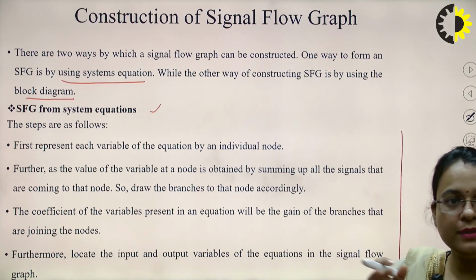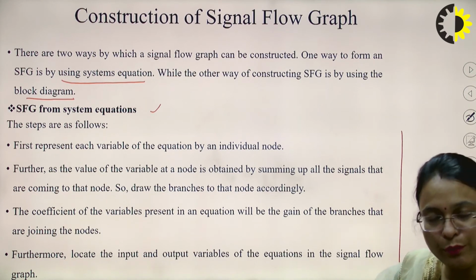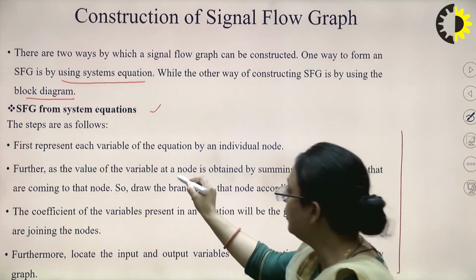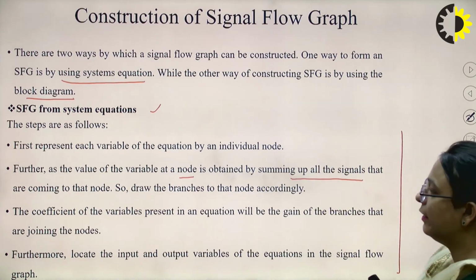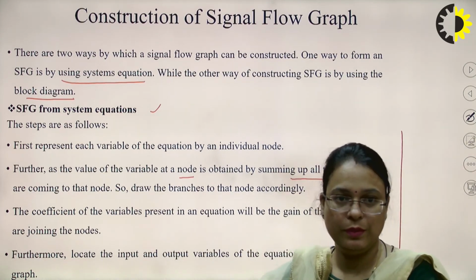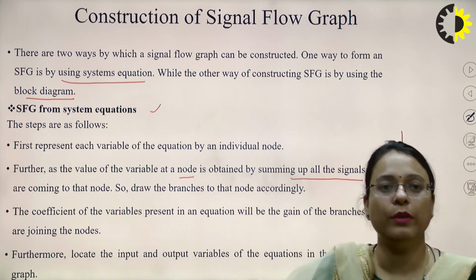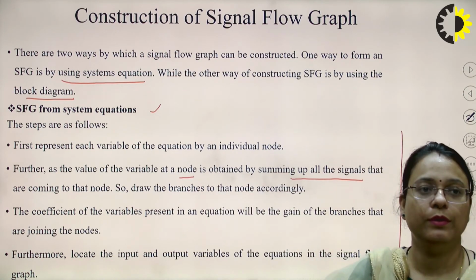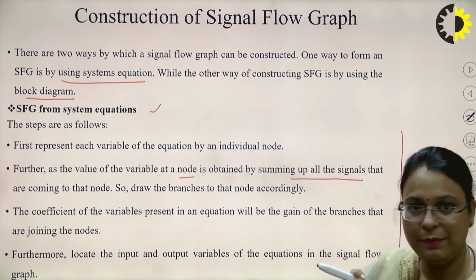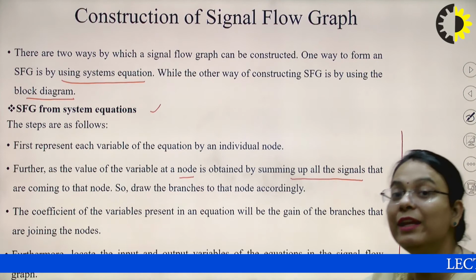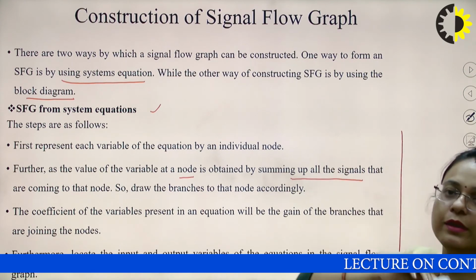Second, as the value of the variable at a node is obtained by summing up all the signals coming to that particular node, draw the branches accordingly. Third, the coefficient of the variables present in the equation will be the gain of the branches joining the nodes.